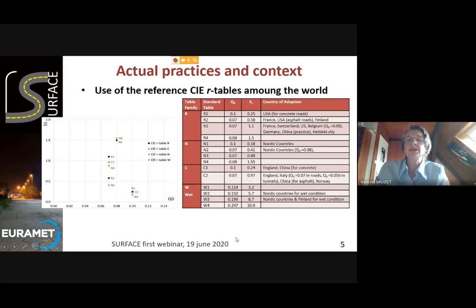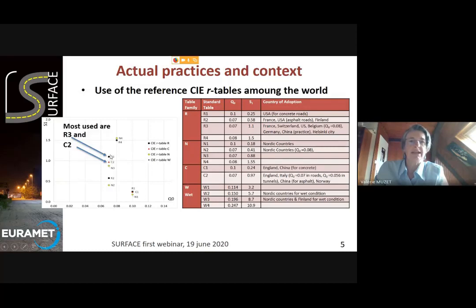And you have here the result we got. We can see that Nordic countries use the Nordic table and the wet tables. But if we consider all countries, the most used tables are R3 and C2.